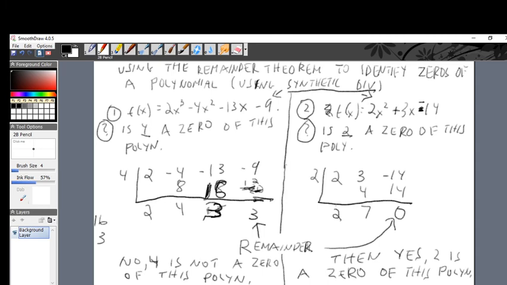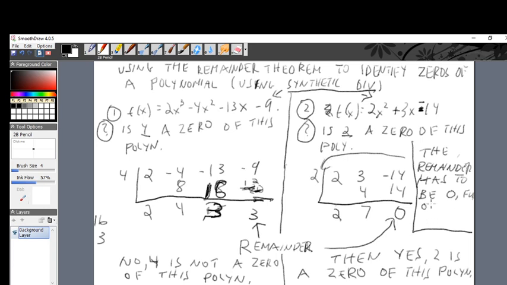Here's the rule, right over here. Let me put it over here. The remainder has to be 0 for our test number to be a 0 of the polynomial.